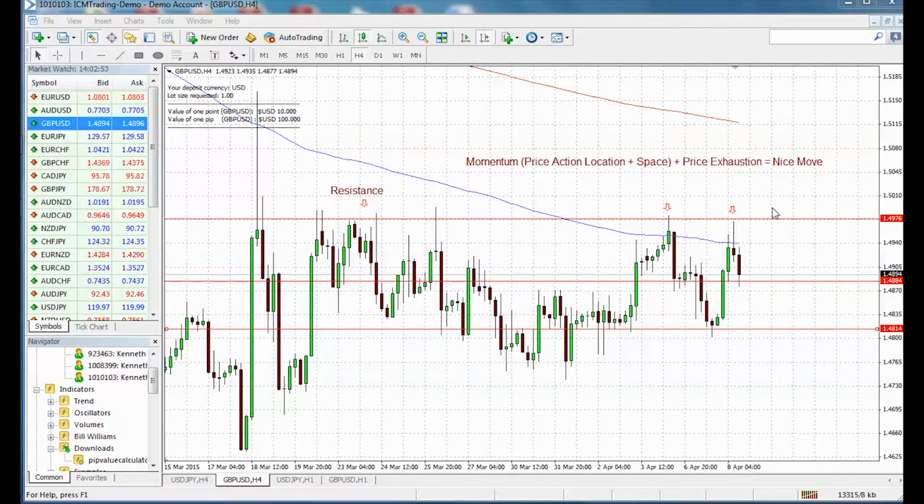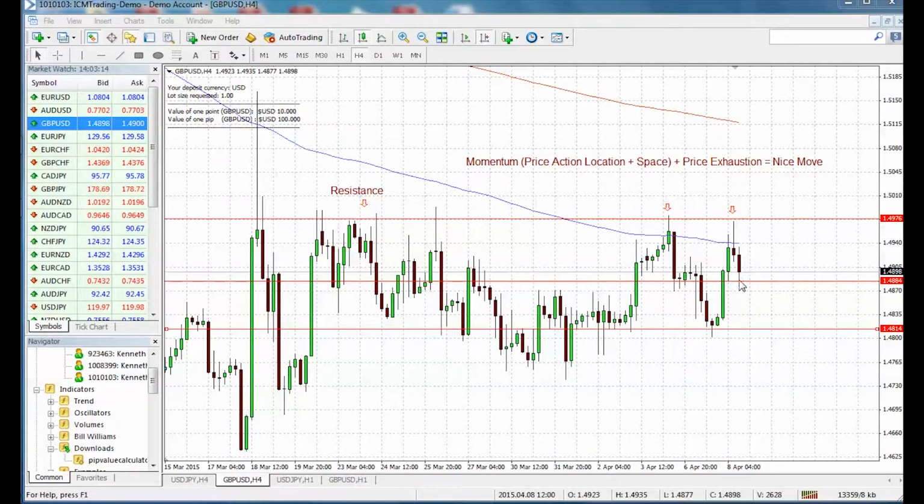Hi there, guys. So here's just a final update on this GBP USD, and as you can see, price did exactly what we thought. It came down to this bar low, which is our first take profit area here.